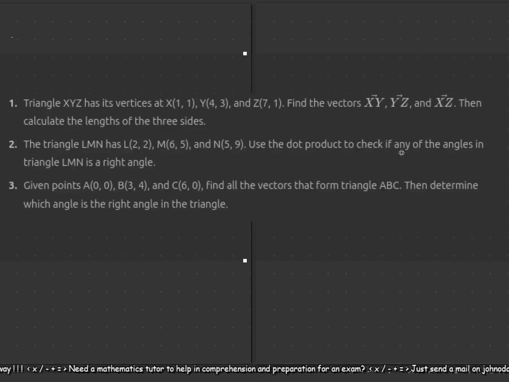You have points on a triangle, and for the first one, you have to calculate the length of the 3 sides. For the second one, you have to apply the dot product to check if the angles are right angles, maybe if one of them is. Then for the third, you have to determine which angle is the right angle. So you would be applying the magnitude of a vector and then the dot product as well.